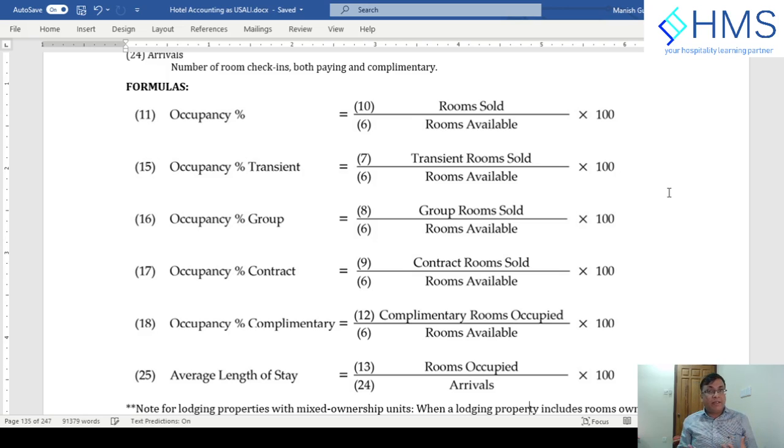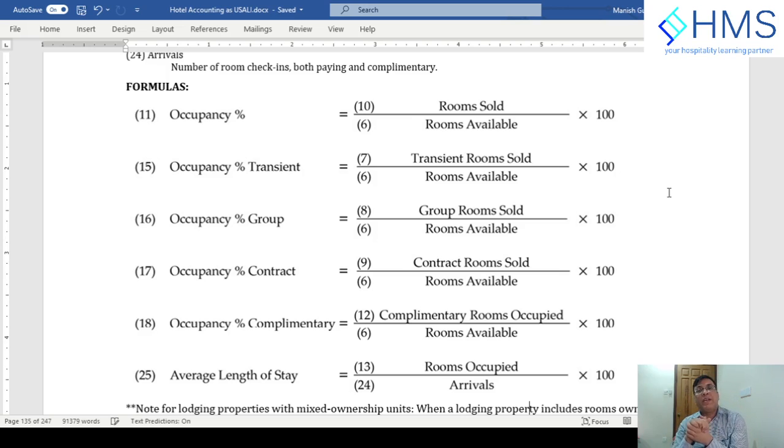Usually hotels also calculate this by market segment. So average length of stay for group, for transient, for the complementary or the contract. You can calculate average length of stay by nationality as well, by calculating rooms occupied and number of arrivals for each particular nationality.